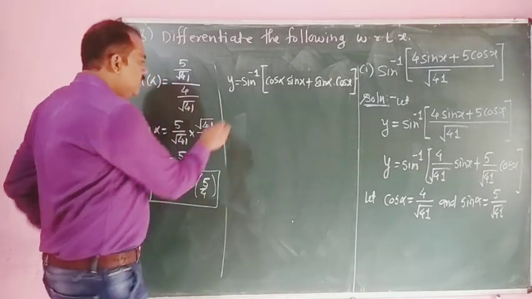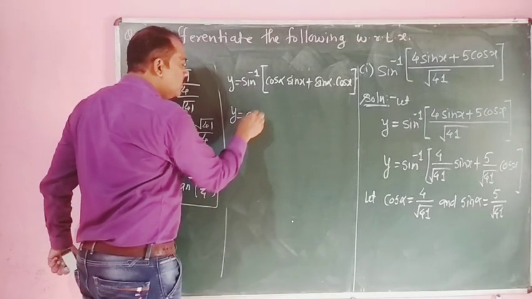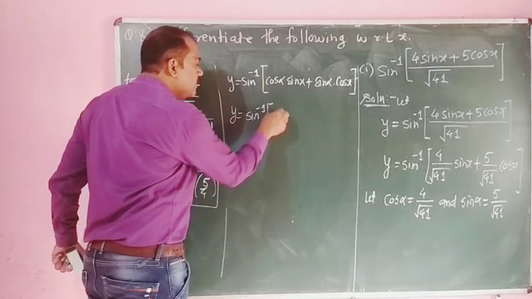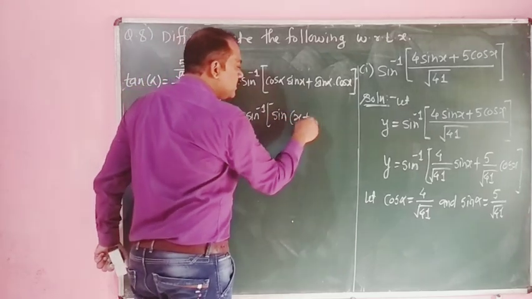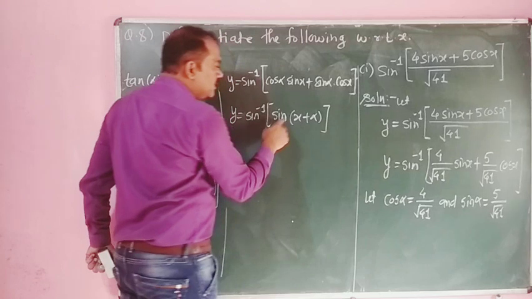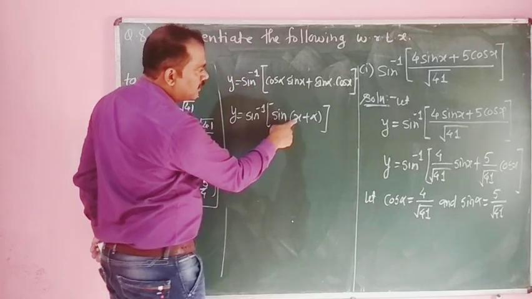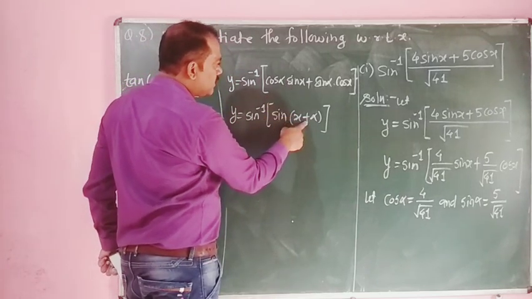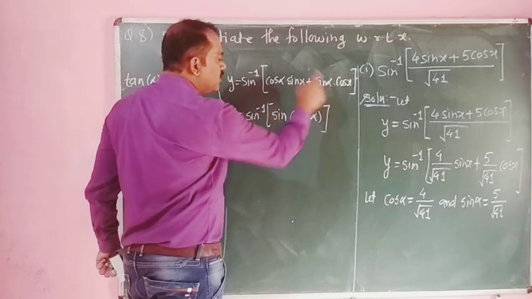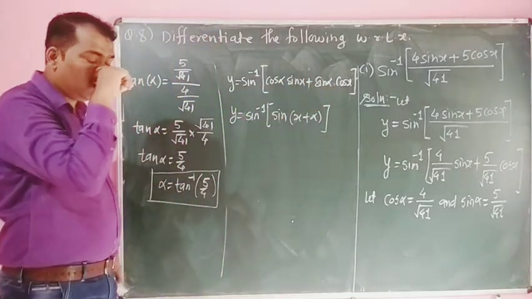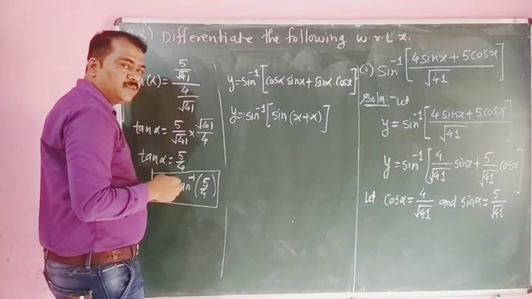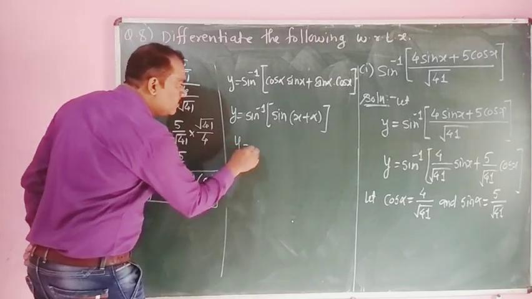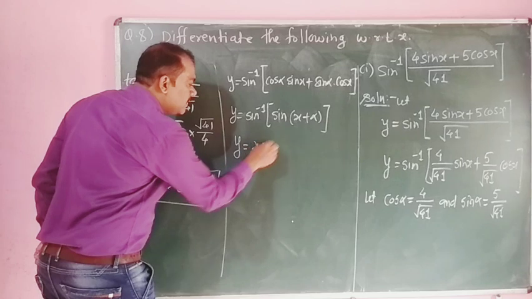So its value is y is equal to sin inverse of sin of x plus alpha, which is sin x into cos alpha plus cos x into sin alpha by using the formula of sin a plus b. Sin inverse sin x is nothing but x, so y is equal to x plus alpha.